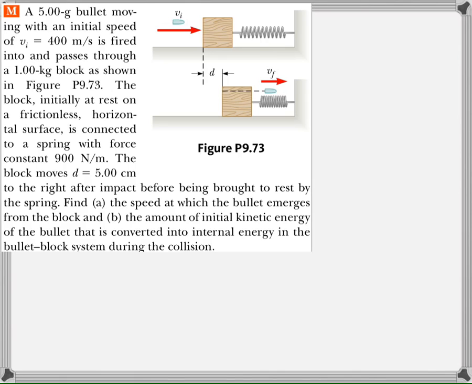So the question is, what is the speed of the bullet after it emerges from the block? And the second is, what is the amount of kinetic energy of the bullet which is converted to internal energy in the block after the collision? Any idea on how to solve this problem?